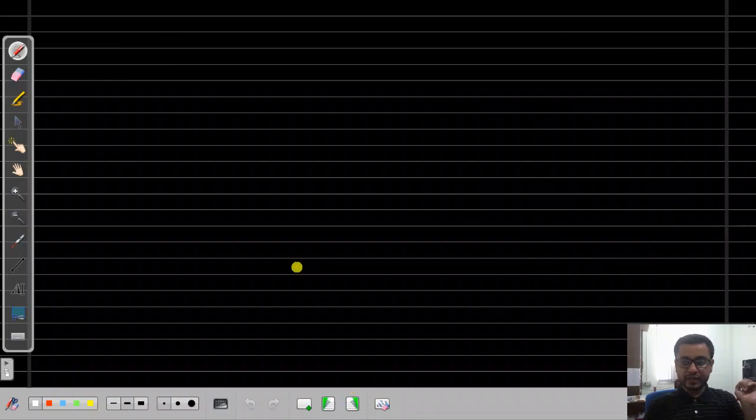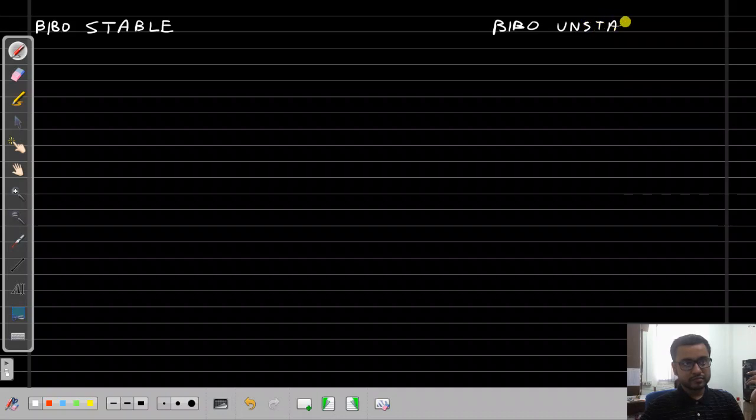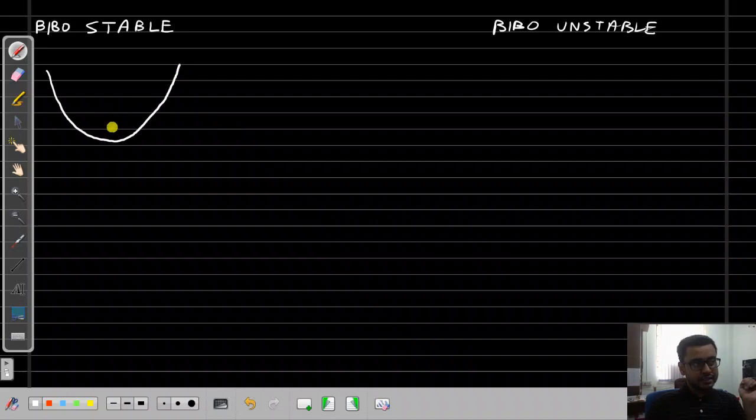Let me give you some interesting examples of a stable, or to be more accurate, BIBO stable system and a BIBO unstable system. Consider you have a bowl like this, and inside the bowl you have a small iron sphere, and here you have an electromagnet solenoid.